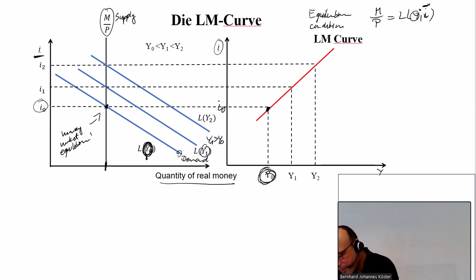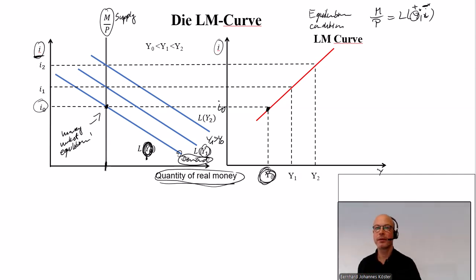What does this mean then for our demand curve? Well, we know that the dependence on income is positive. On the axis, we don't have a y, so the y is fixing where we find our curve.